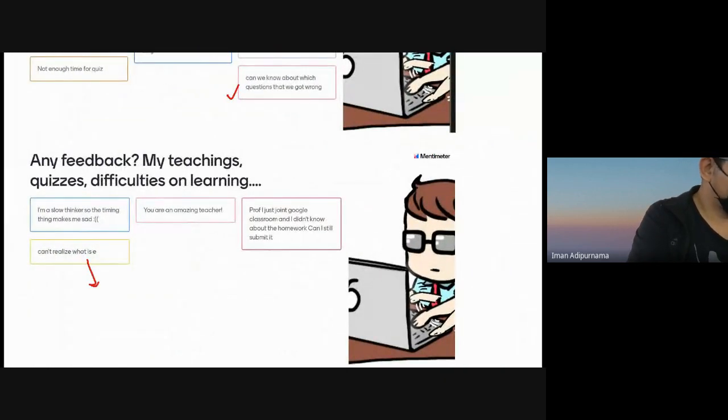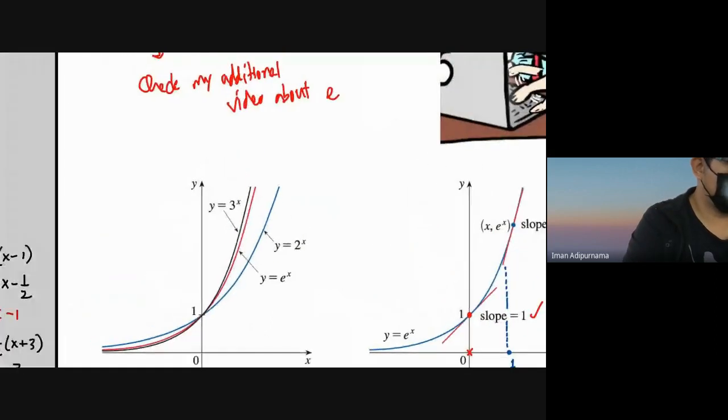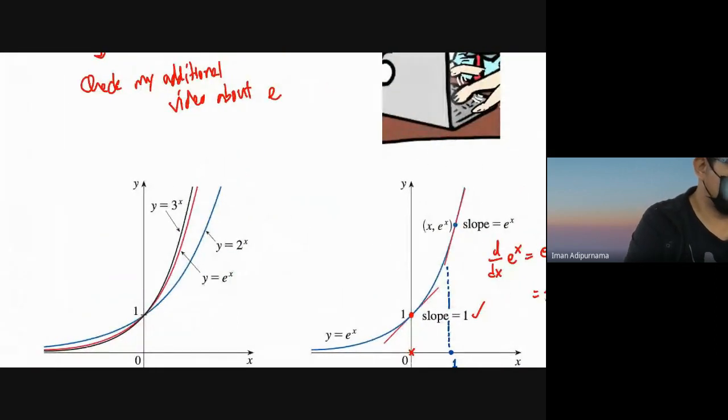And then, what is e? Check my additional video about e. So actually, if you are looking here, if you are observing this 2 to the power of x and 3 to the power of x, then in the middle you find the number e, with which you can actually rewrite the whole thing.